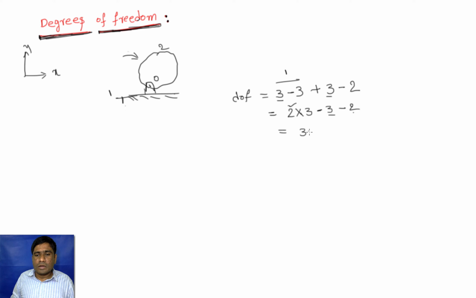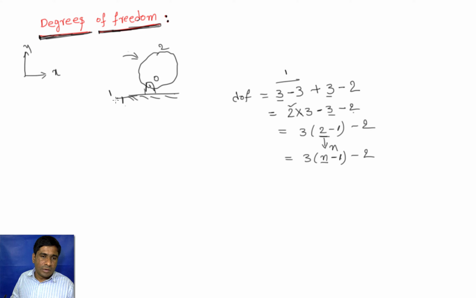So if I take 3 as common, 3 into 2 minus 1 minus 2, where 2 can be written as the number n, 3 into n minus 1 minus 2. So we got the same equation that we derived in the previous example, but with a minus 1. Why? Because here n is decreased by 1.